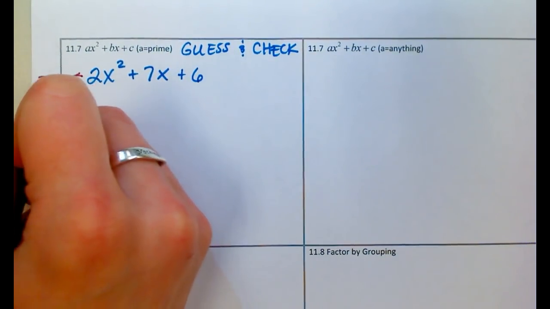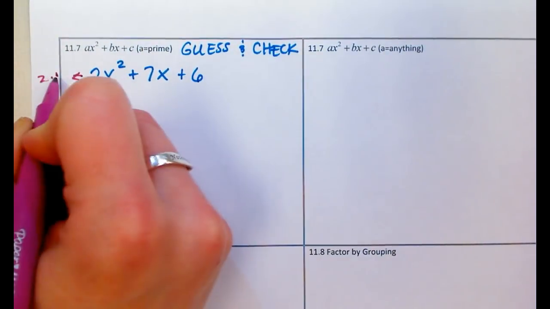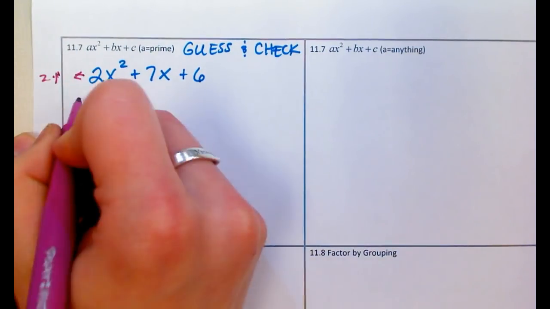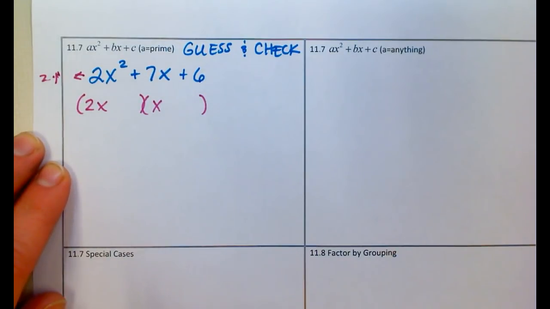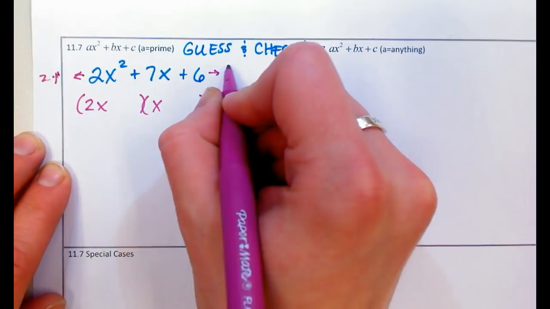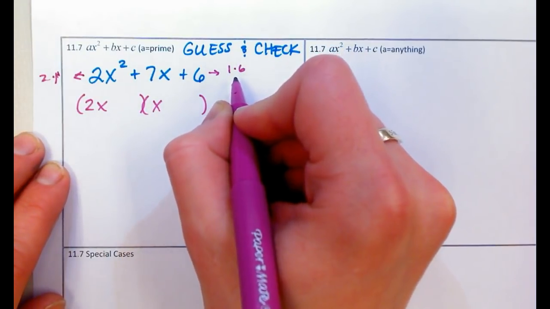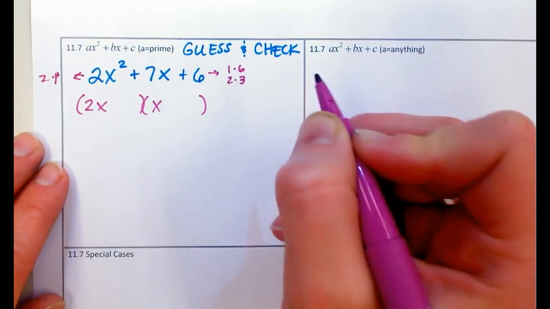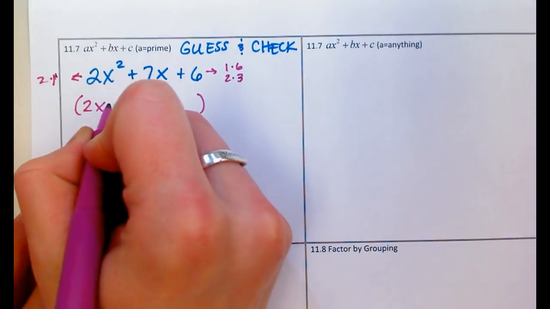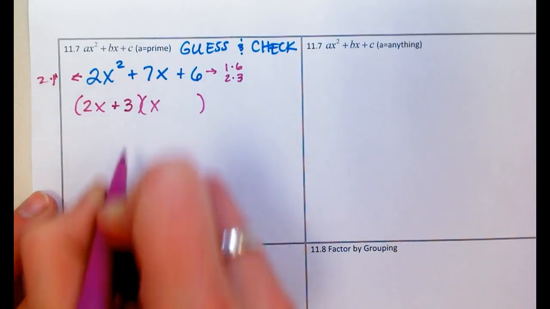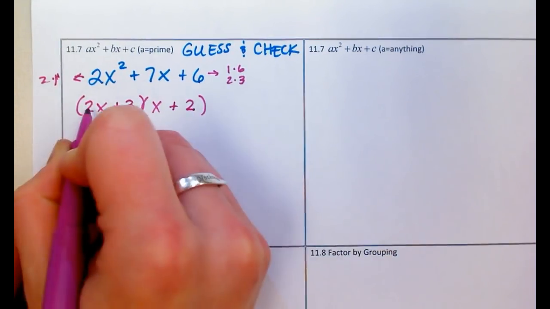For 2, we have 2 times 1, and that is our only possibility. So we have 2x and x for our front term. But for 6, I have 1 times 6 and 2 times 3. You have to guess and check until you find them to equal that middle term. This ends up being positive 3 and positive 2.